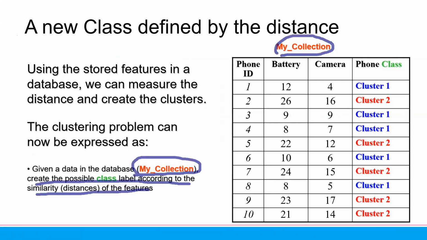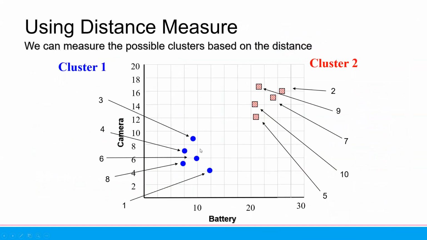Because I know the distance of the features, I create this one as cluster 1, this one as cluster 2, cluster 1, cluster 1, cluster 2, cluster 1, and so on, based on the distance measure that we have before.